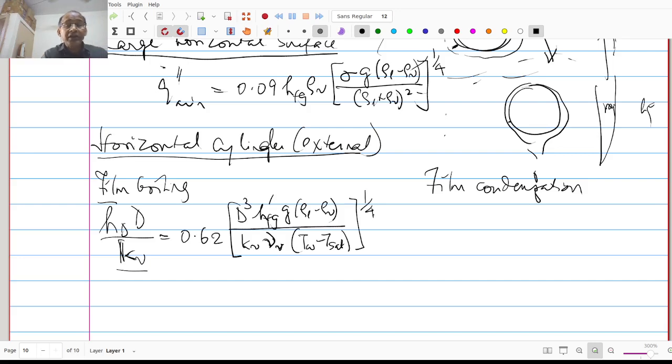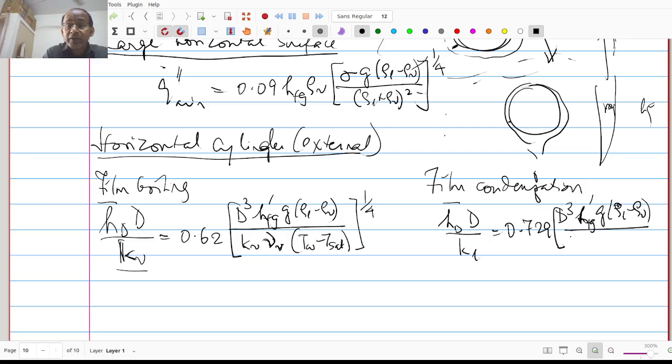Okay, in film condensation, look at the expression, that's quite interesting. h-bar_D into D divided by k_L is equal to 0.729 multiplied by d_q, h_fg prime, multiplied by g into (rho_L minus rho_V), divided by k_L into nu_L.